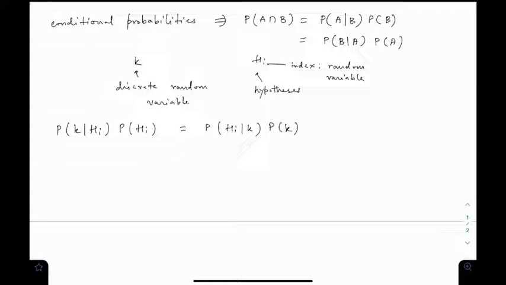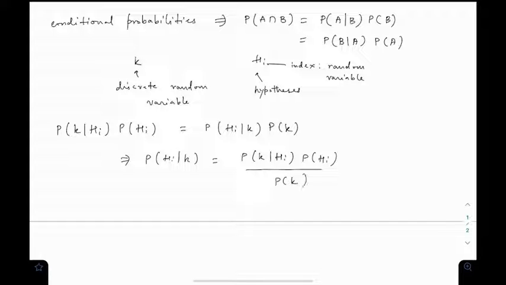And this allows us to write the probability of Hi given K is the probability of K given Hi times probability of Hi divided by probability of K. The probability of Hi is the assumed probability for the validity of the hypothesis i before the observation happens. So it is the a priori probability, or in short, we call this the prior.